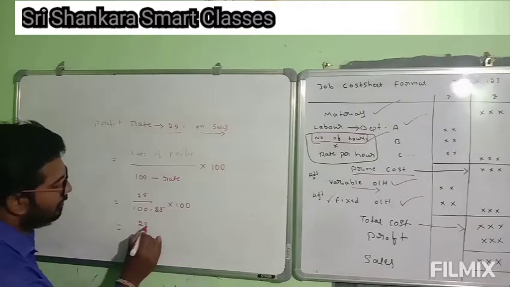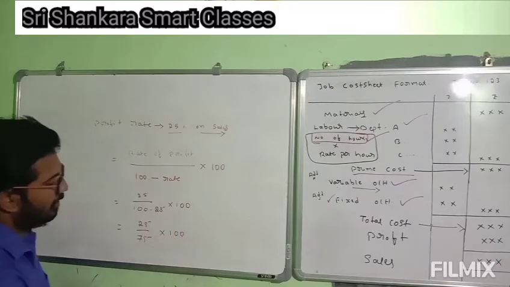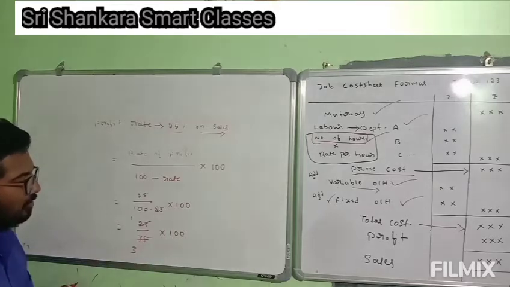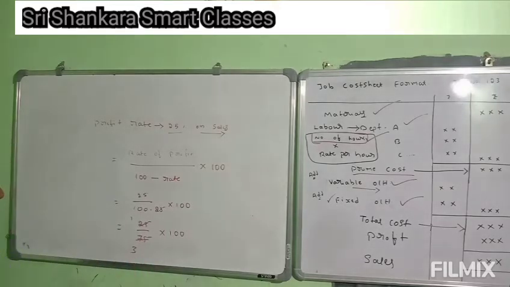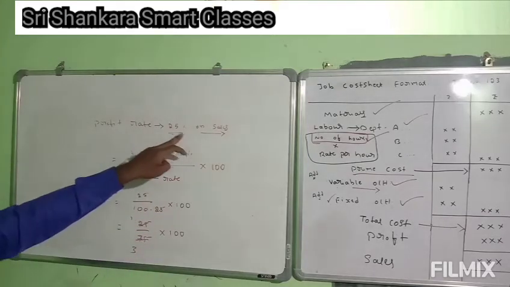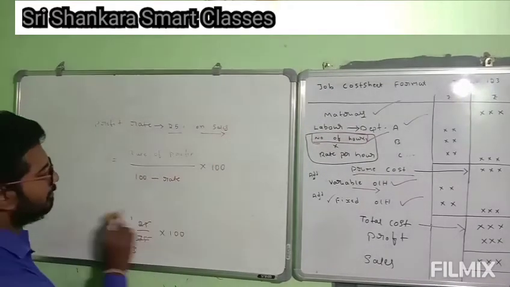So that is 25 divided by 75 into 100. 25 ones are 25, 25 threes are 75. So 1 by 3 into 100, you will get 33.33%.